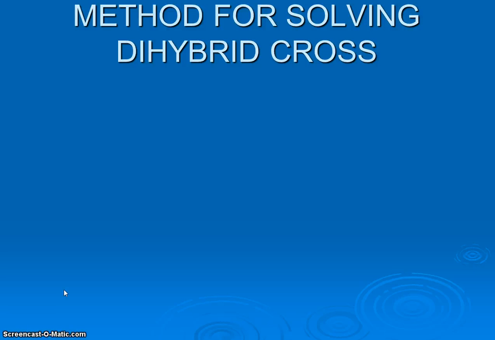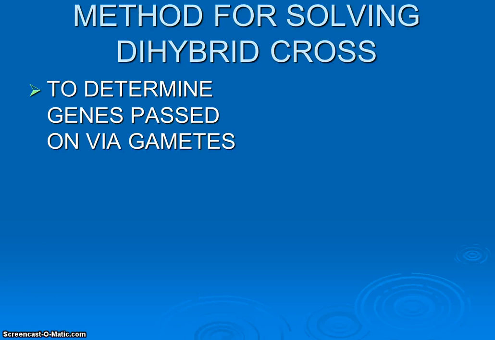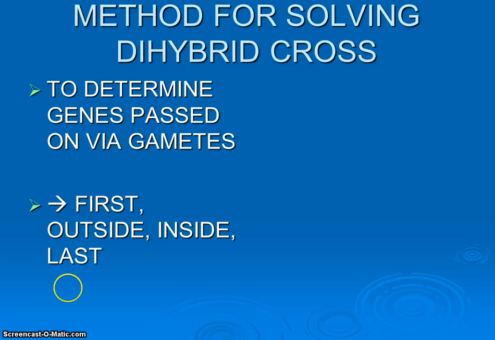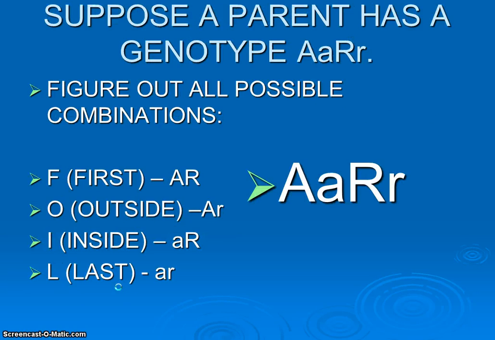But there's a catch, remember, that once we determine, the hard part is going to be determining which genes they pass on. Remember, we can give one copy of each gene, so we're going to have to employ what's called the FOIL method here. Now, the FOIL method is actually, just like in math, pretty darn simple if we look at it. I can give one of these A genes, but also at the same time one of these R genes. So what we want to do is F our first. Go with our first options. I could give a big A and a big R. That's one option of what I can pass on.